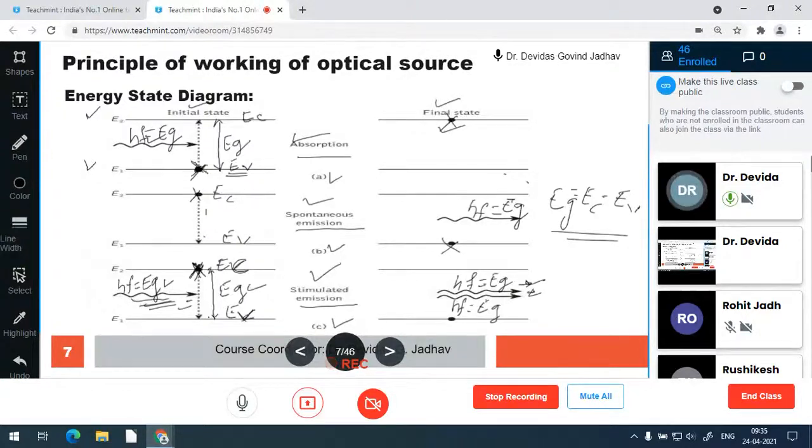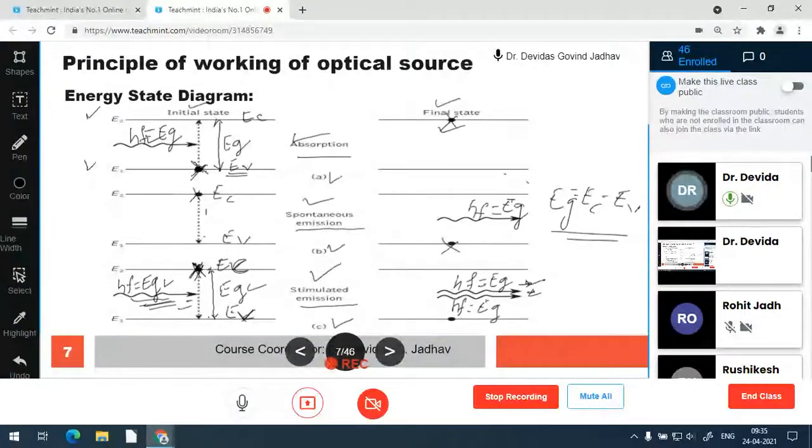Now, third case: there is an electron in the conduction state and one external photon packet of energy comes near to this atom, or the electron which is in the conduction state, and it makes that electron release the energy equal to photon energy.